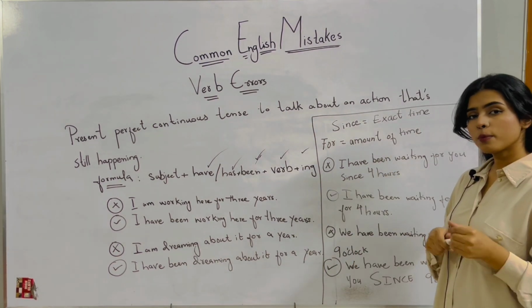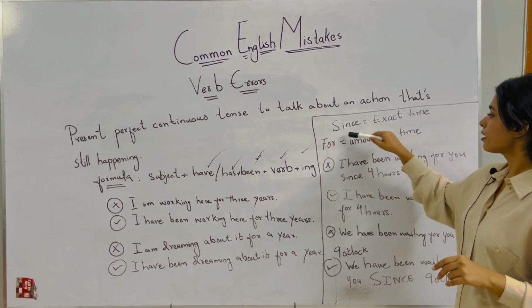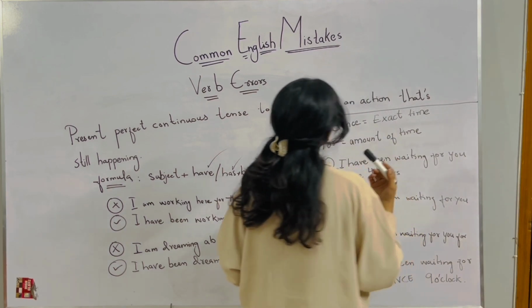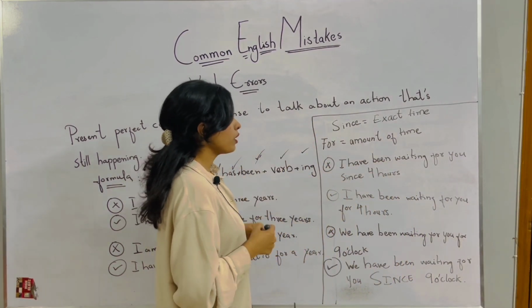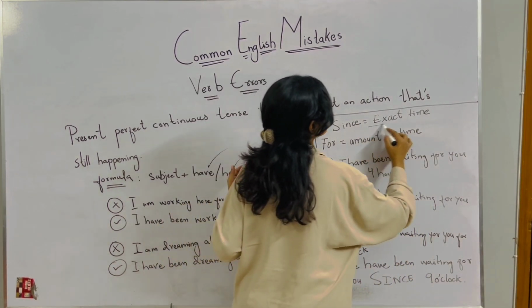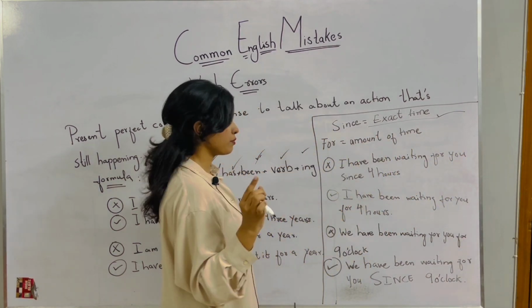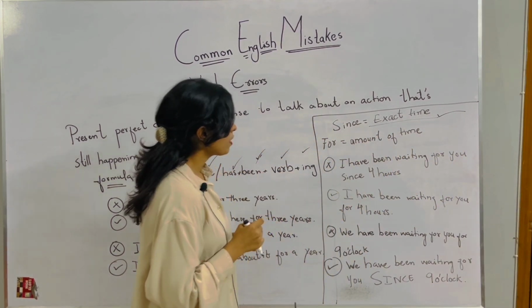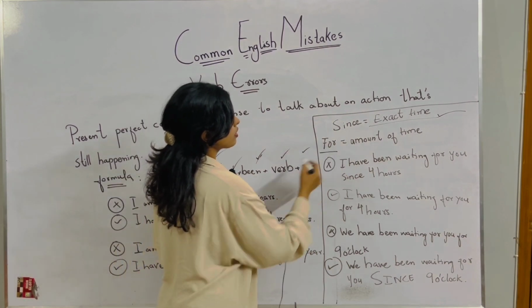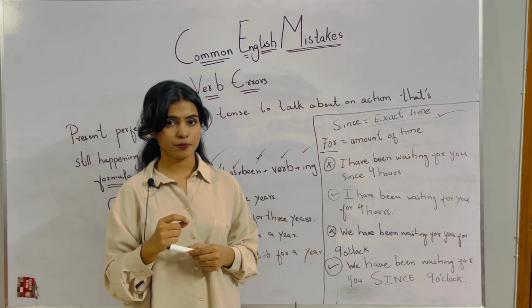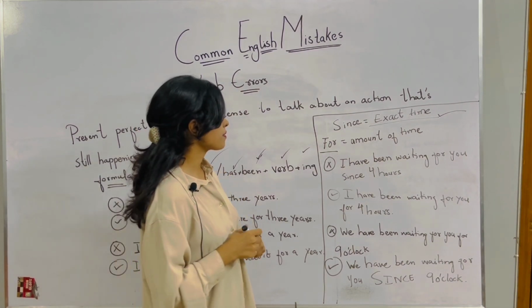Okay, so the next common mistake people make is between since and for. Whenever we're going to use since, we use it whenever our sentence has an exact time mentioned. But we're going to use for whenever there is a particular amount of time mentioned in the sentence.